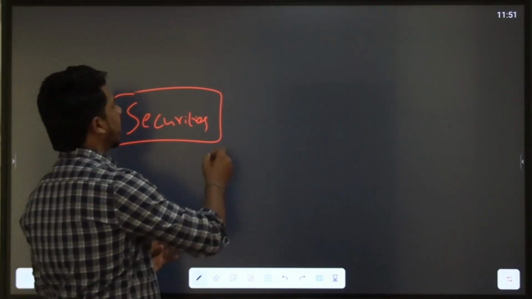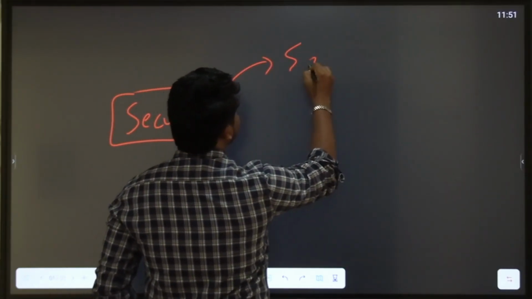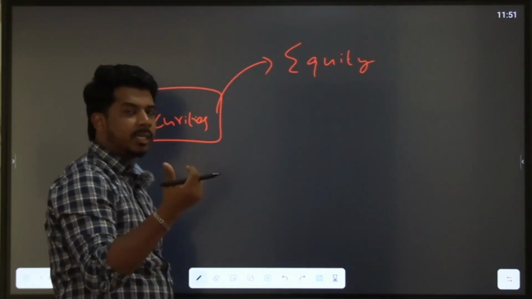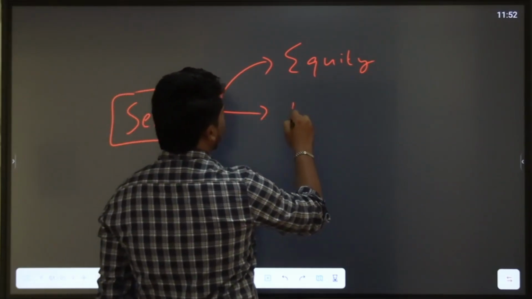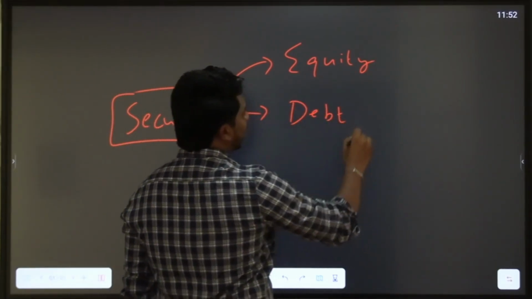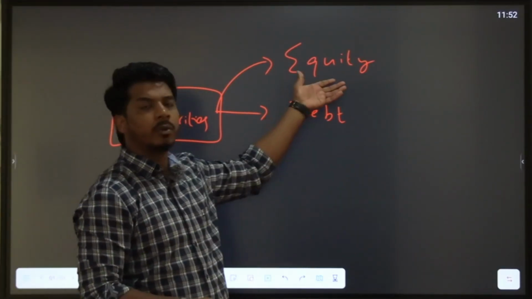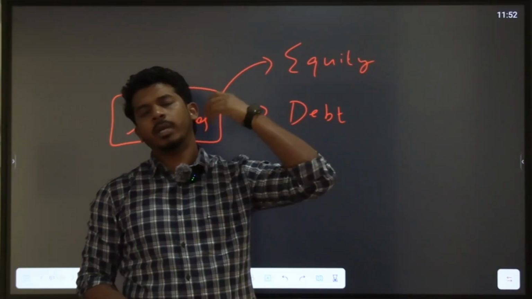So in the securities market, broadly you will deal with equity, which is ownership in a company. Equity means ownership rights in a company in return for money. Then you will have debt. Debt means loans, just giving a loan. I am not an owner. If you are an owner, if the company earns too much, you will earn too much.